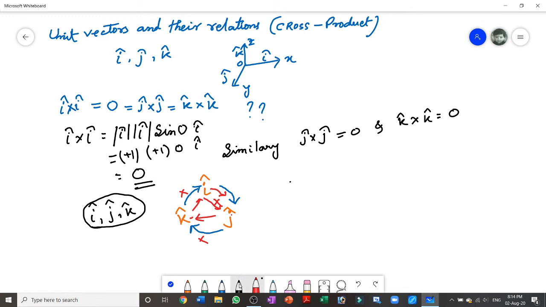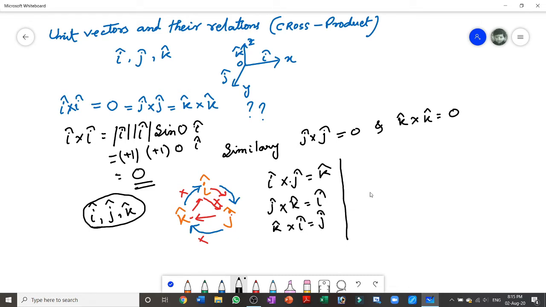So I am just writing the thing: i cap cross j cap will be k cap, j cap cross k cap will be i cap, and k cap cross i cap will be j cap.